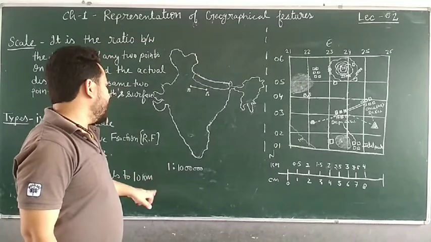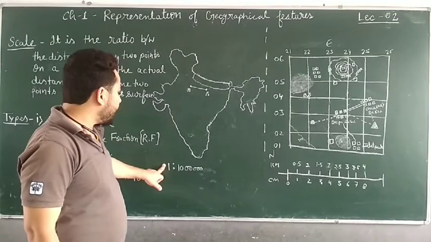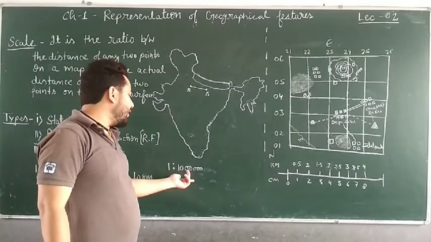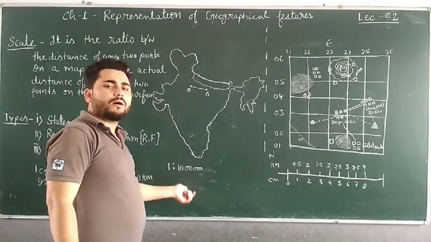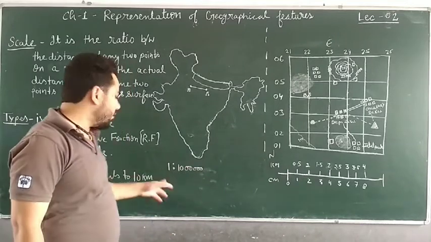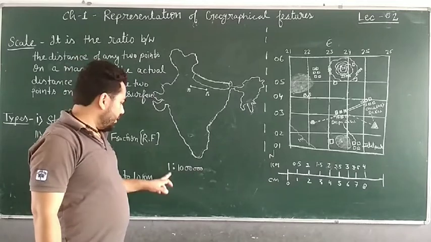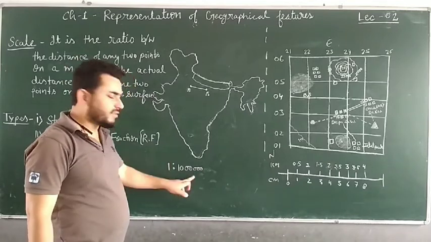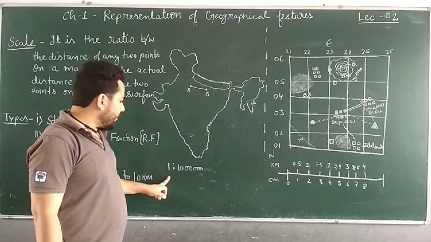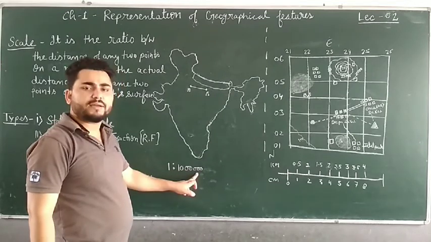It is saying that 1 unit on map is equal to 10 lakh units on ground. Whichever unit you take on the map, you take the same unit on the ground also. If you take centimeter here, then centimeter there. If kilometer here, then kilometer there. If millimeter here, then millimeter there.